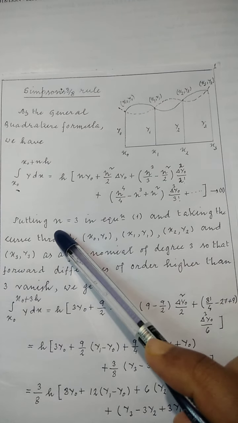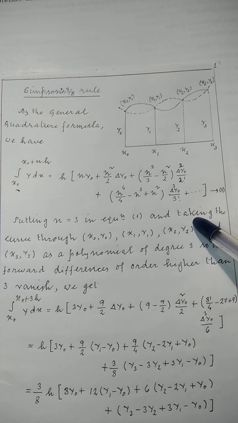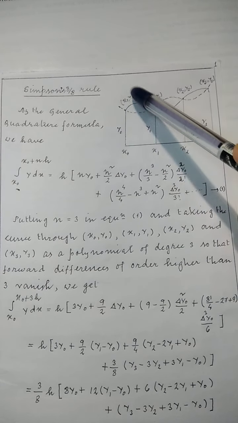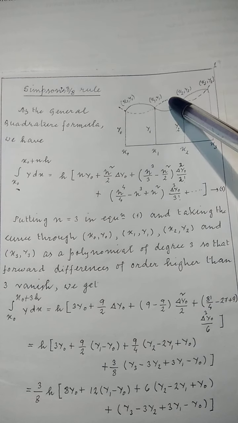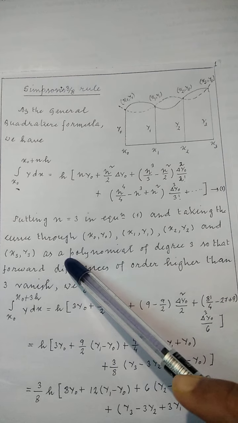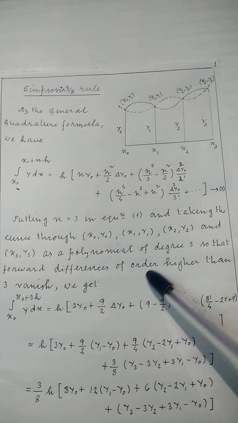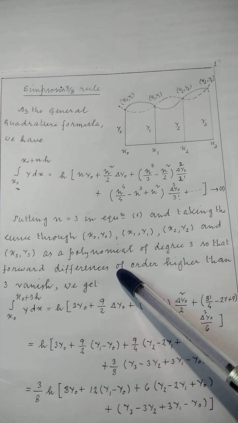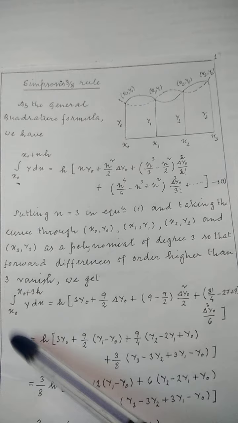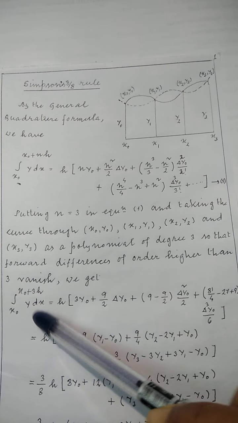Now let's put n equal to 3 in this equation 1, taking the curve through the points x0, y0, x1, y1, x2, y2, x3, y3 as a polynomial of degree 3, so that forward differences of order higher than 3 vanish. So what we'll get is the integral from x0 to x0 plus 3h of y dx.